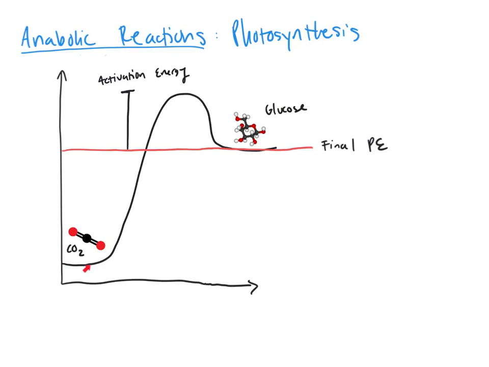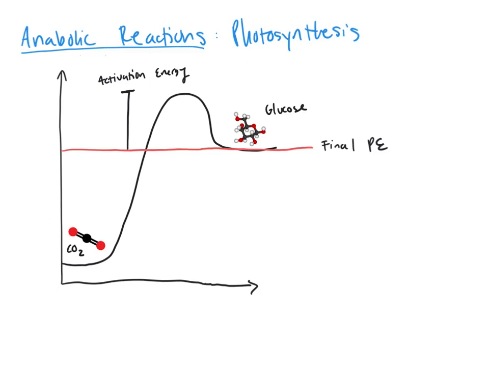It's just the amount of energy that has to go into the system to take carbon dioxide and beef it up into a glucose. So you can see we actually overshoot slightly how much potential energy is stored in glucose. We go over. And that's because in this process, we actually create a molecule that will break apart into and create a glucose after it's broken apart a little bit.